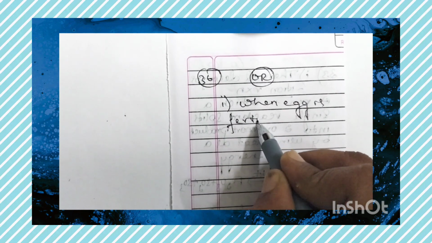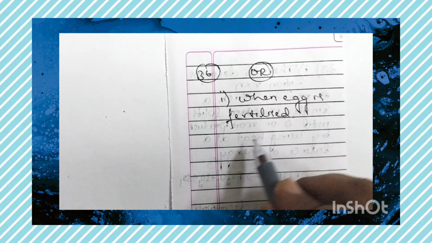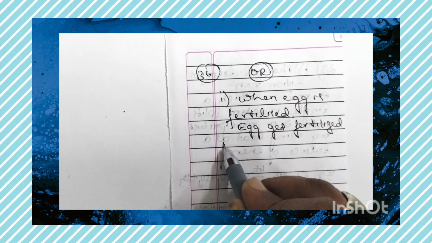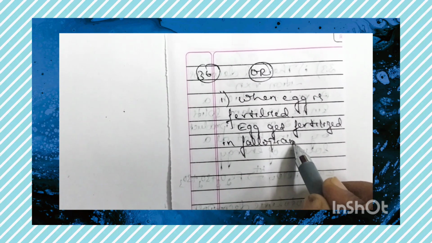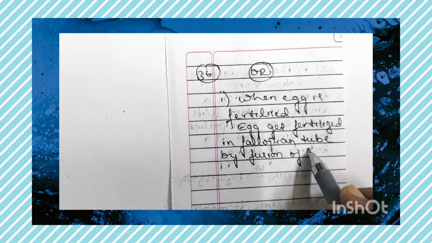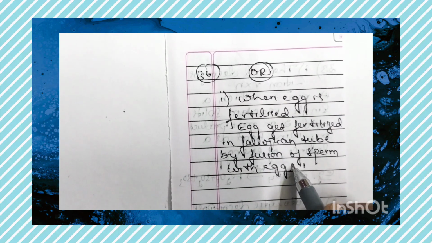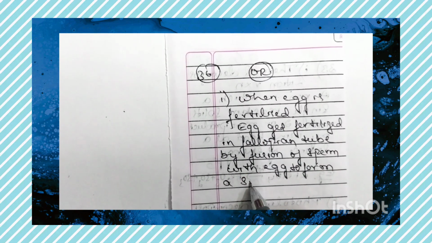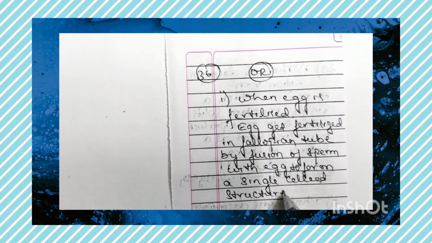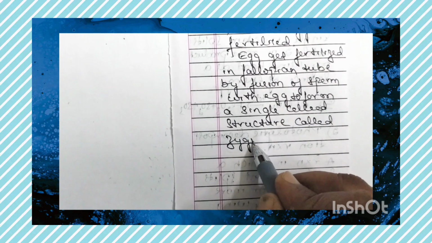When the egg is fertilized, the egg gets fertilized in the fallopian tube by the fusion of sperm with the egg to form a single celled structure called zygote.